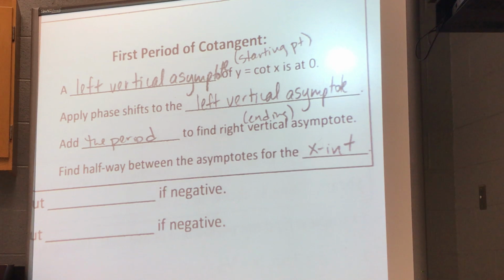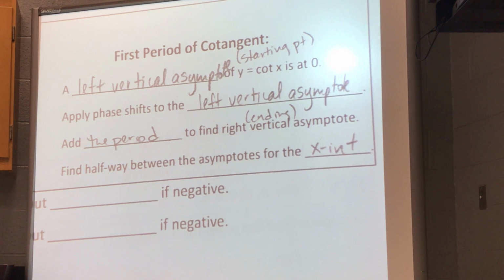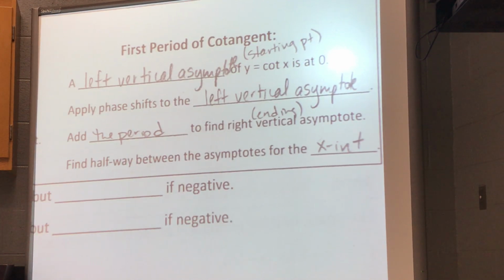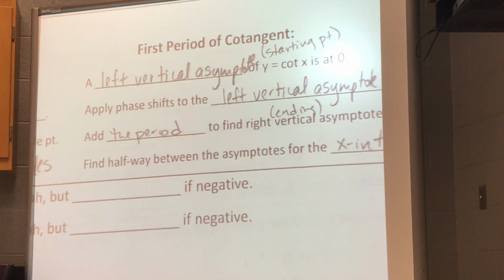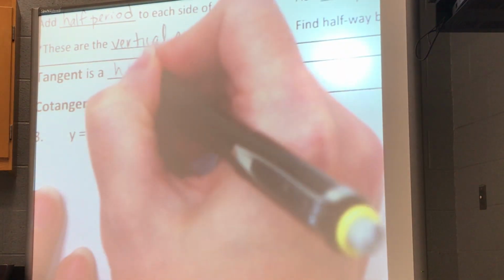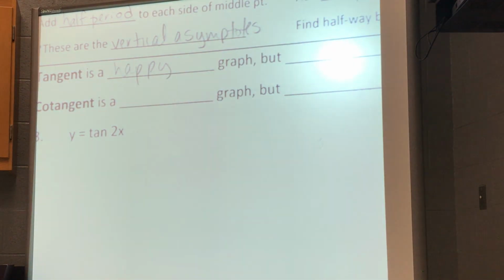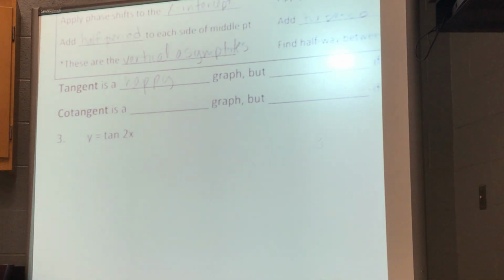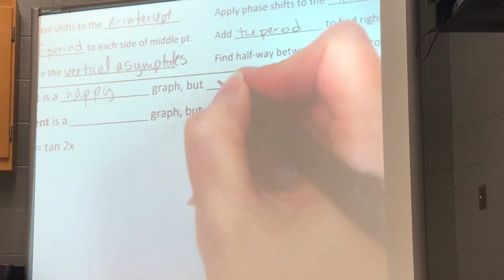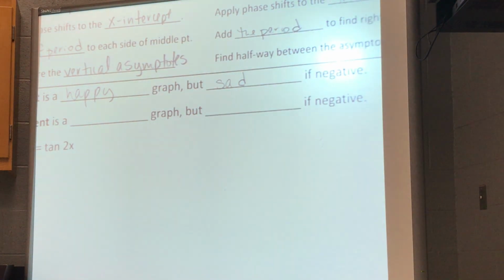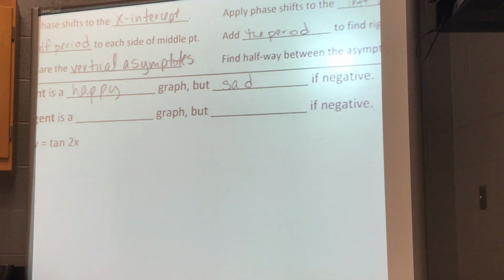Now, one thing to keep it straight in my head about which graph is tangent and which graph is cotangent, because they look very similar, is I say that tangent is a happy graph. Because it's always going up. So always positive slopes. But tangent does get sad sometimes if it's negative. So if there's a negative tangent, it's a sad graph.